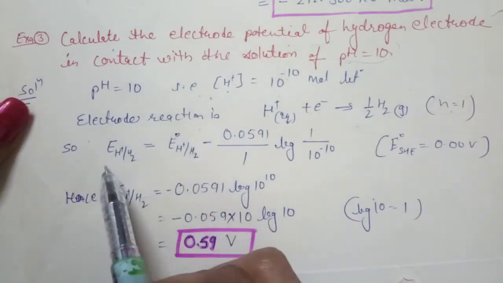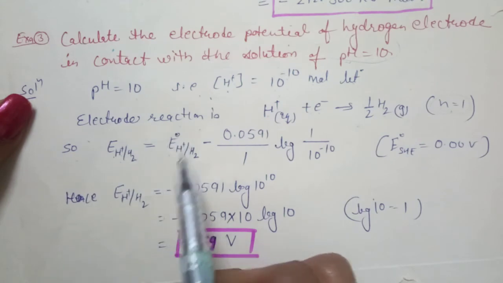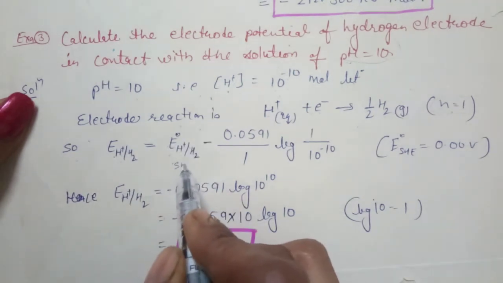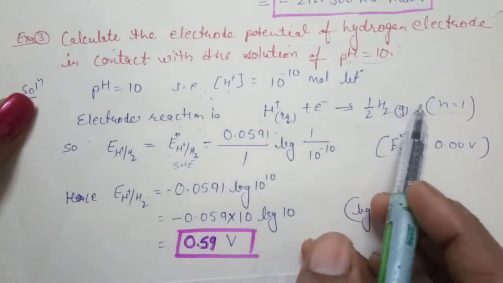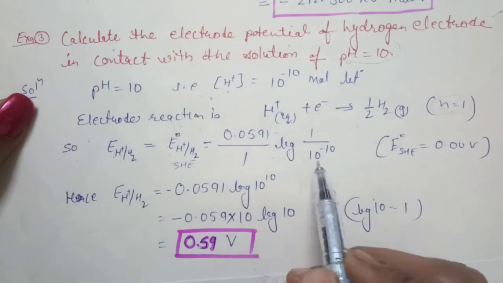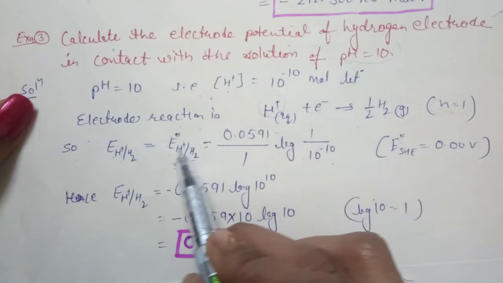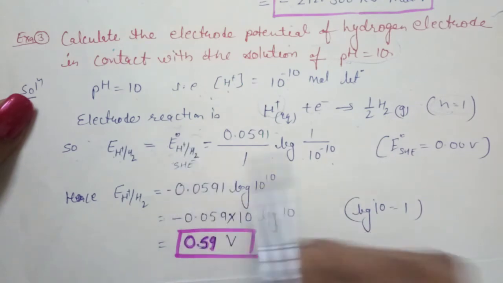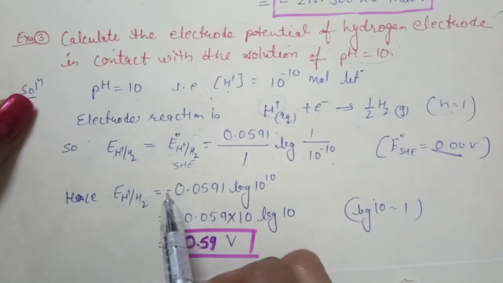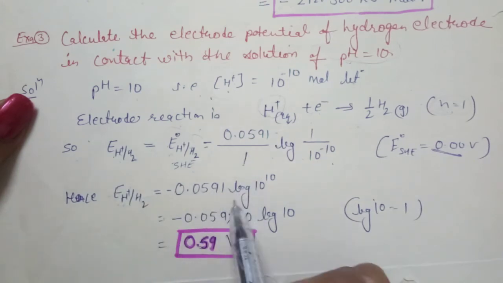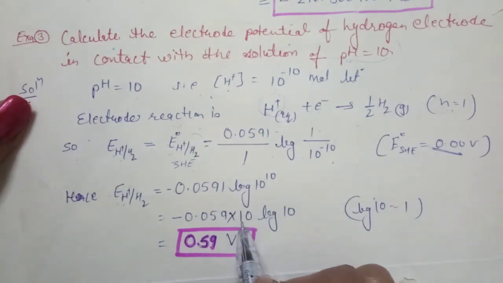So from the Nernst equation, E H plus H2 is equal to E naught H plus H2, which is E standard hydrogen electrode, minus 0.0591 upon 1, because n is 1 here, log 1 upon the concentration of H plus, which is given as 10 to the power minus 10. But we know E naught SHE is 0.0 volts, so E H plus H2 is equal to minus 0.0591 log 10 to the power 10.